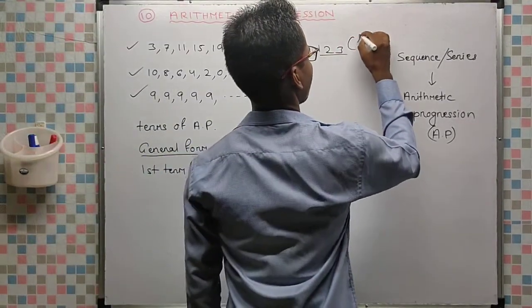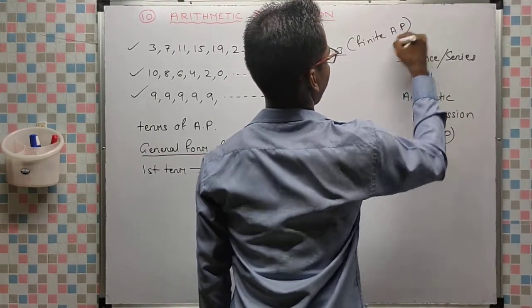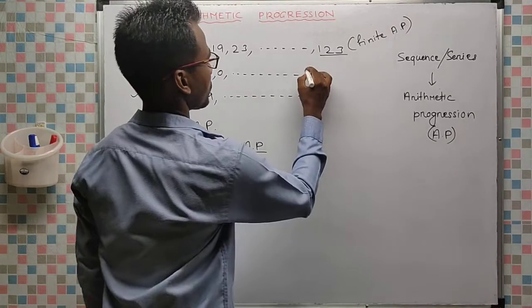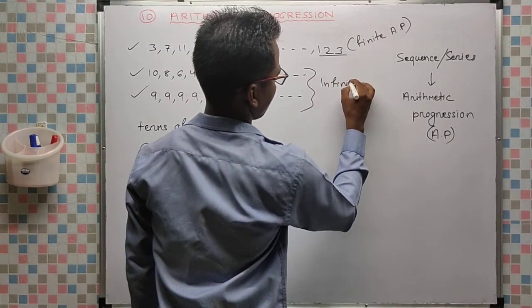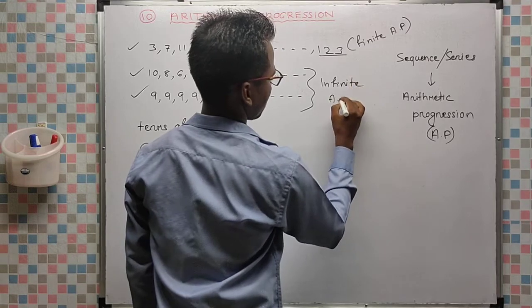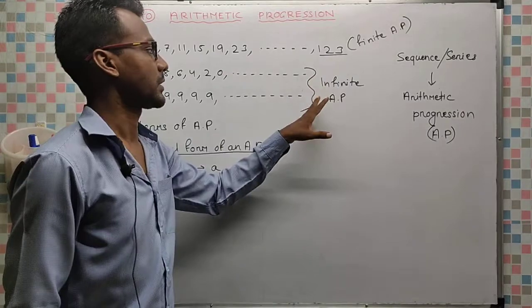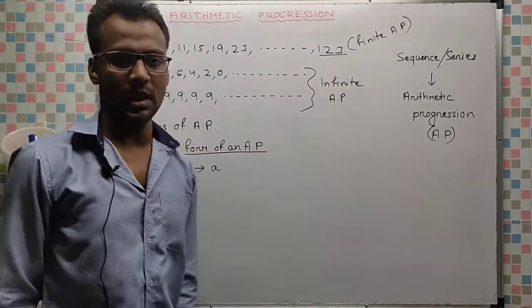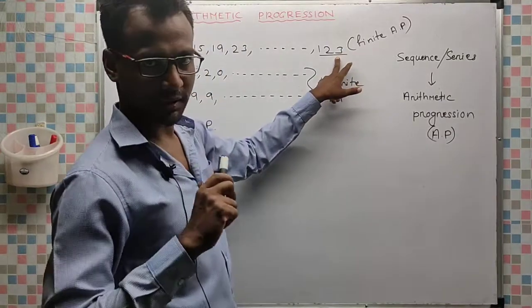So this is finite, and these two are infinite, because we cannot find the last term.